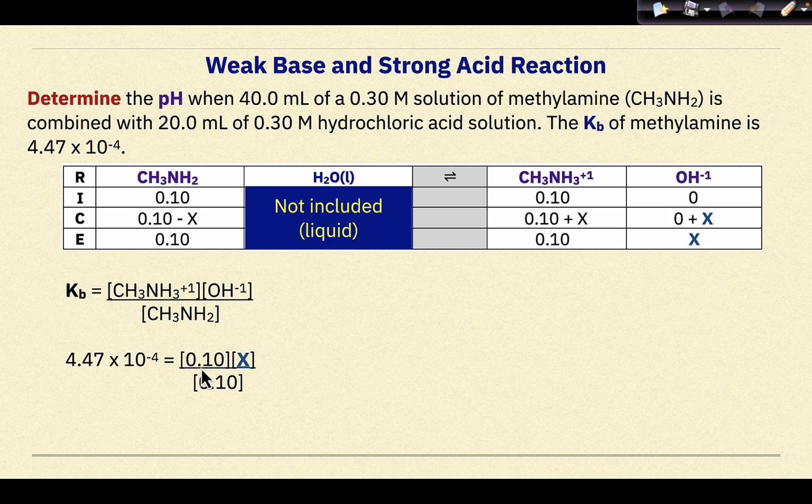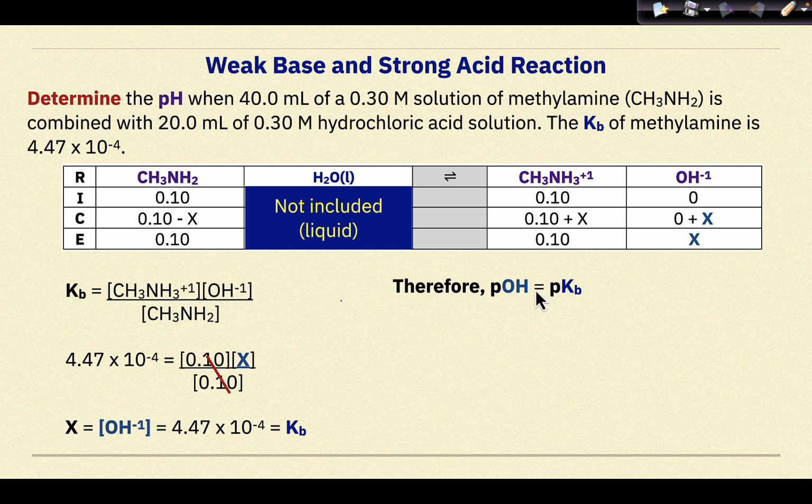Notice that the 0.10 in the numerator and the 0.10 in the denominator cancel, resulting in X equaling the hydroxide ion concentration, which will equal 4.47 times 10 to the negative 4, which is the Kb value.